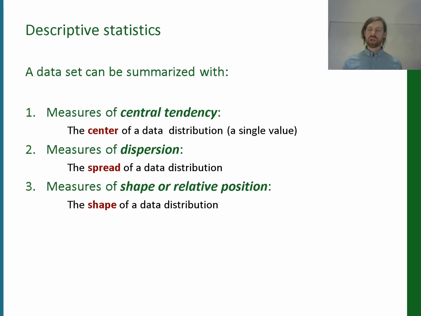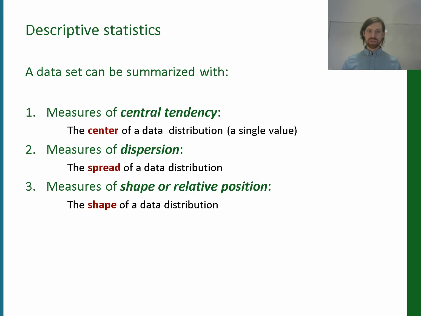Descriptive statistics. We're going to cover three different types of descriptive statistics today. Firstly, the central tendency. These are single metrics which describe the distribution of data that we may be examining. Number two, we've got measures of dispersion. Think about the variability within the data, how far distributed the data points are. And in the final case, we're going to be thinking about the shape or the relative position of the distribution of the data.